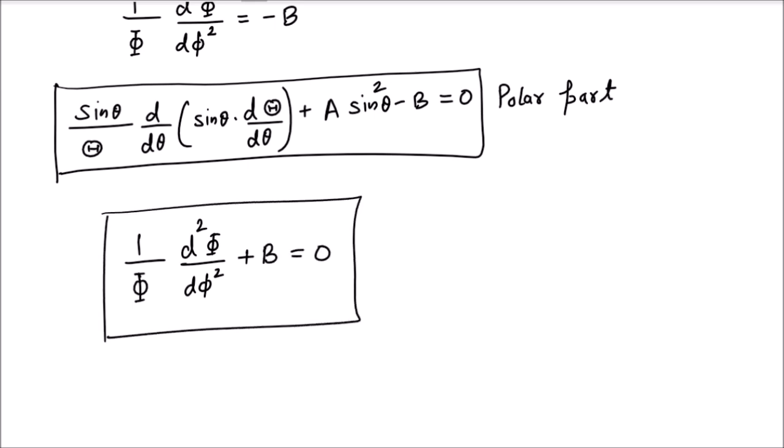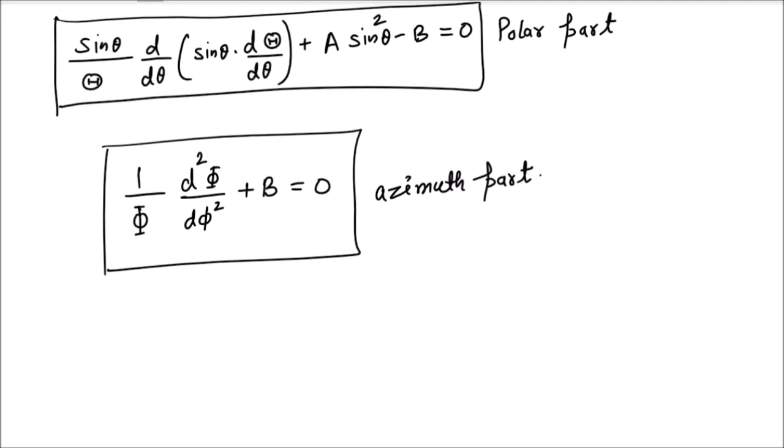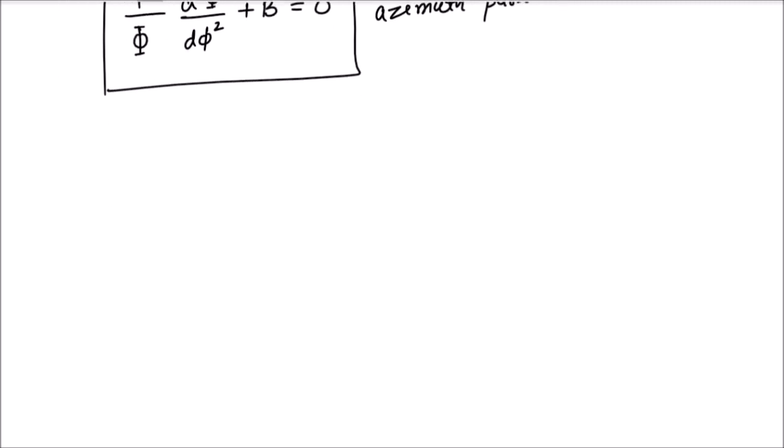This is called the azimuth part. Now let us solve the azimuth part that we have solved in the rigid rotor.